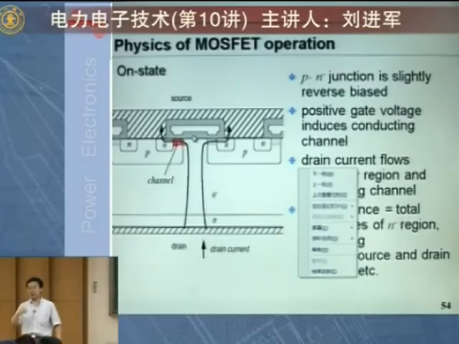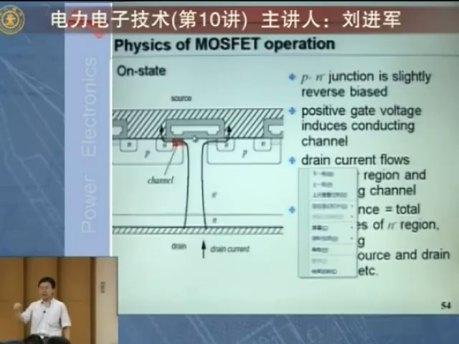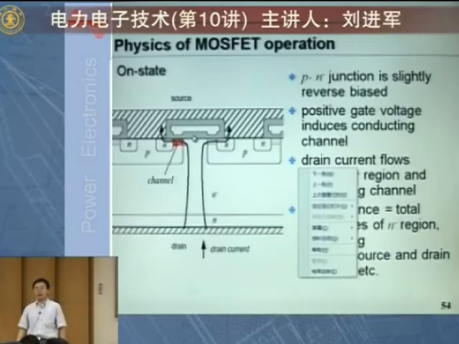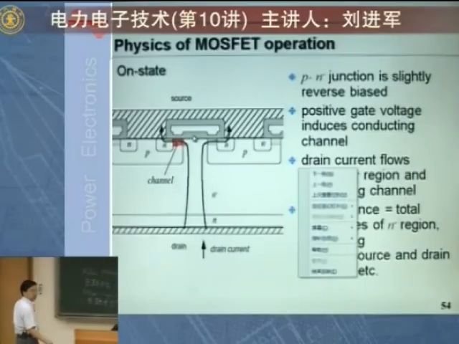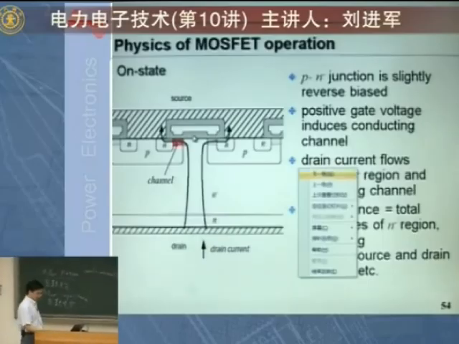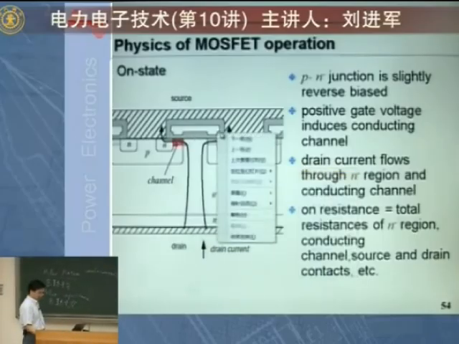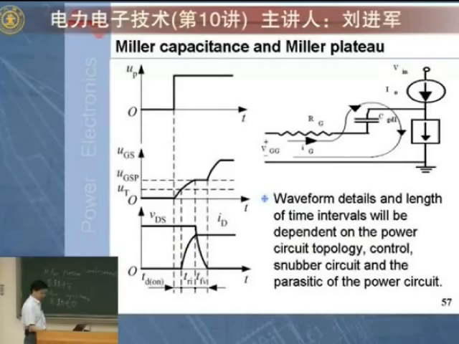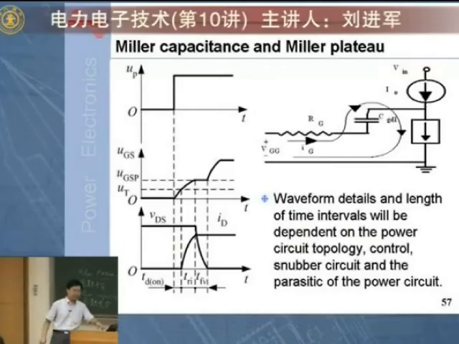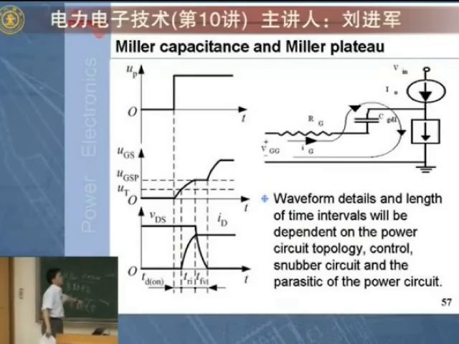There's built-in capacitance between each pair of terminals: gate and drain, gate and source, source and drain. From this structure, you can see there's always capacitance, especially the capacitance between drain and gate. This one is called Miller capacitance.